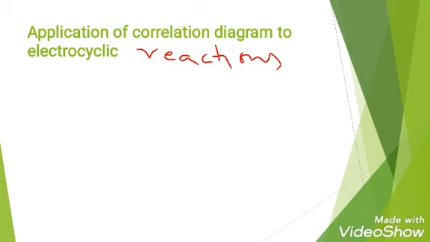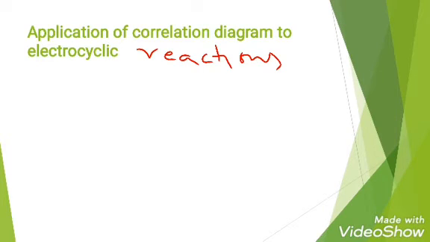The electrocyclic reactions are reversible reactions. If the substrate is in ring structure, then the product must be in open chain structure. That means ring opening takes place to form an open chain compound.